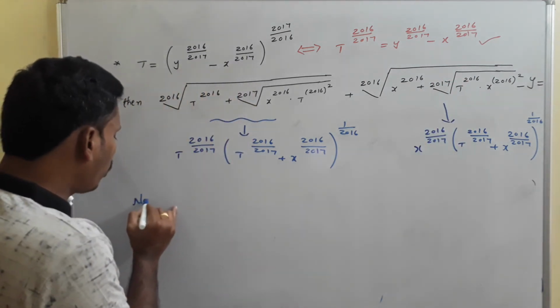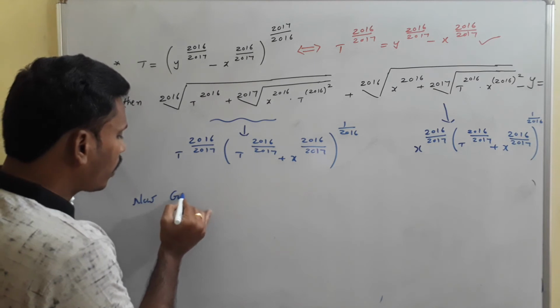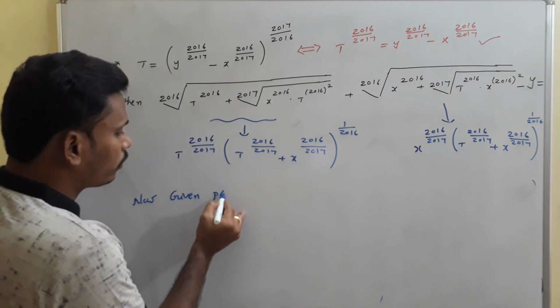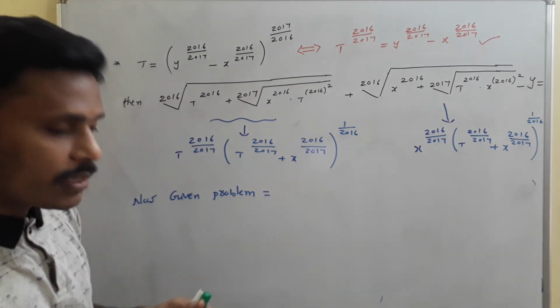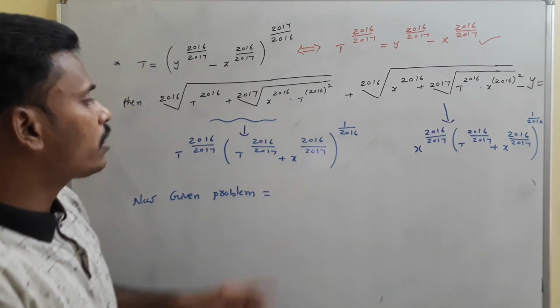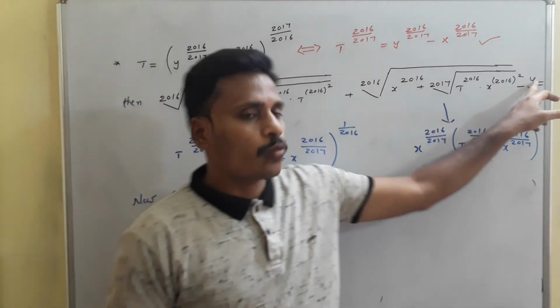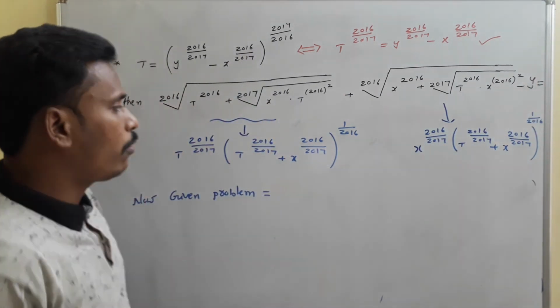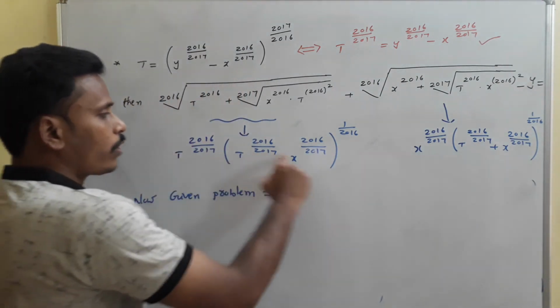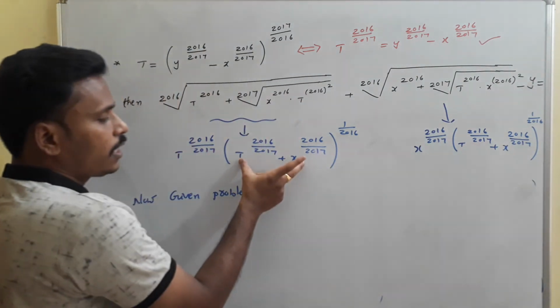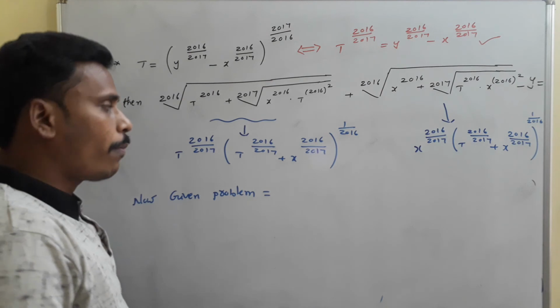Now, since we are going to solve the problem, the given problem is equal to, what is the given problem? Given problem is sum of these two minus y. First of all, you just think about sum of these two. We need to add this first one plus this second one. In this first one and in the second one, this t plus x power, this part is a common quantity.